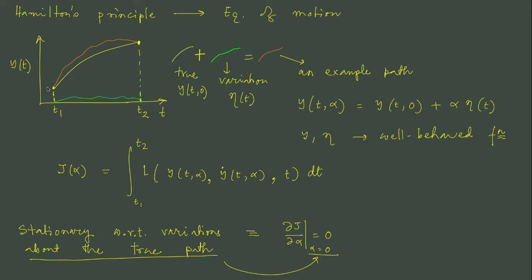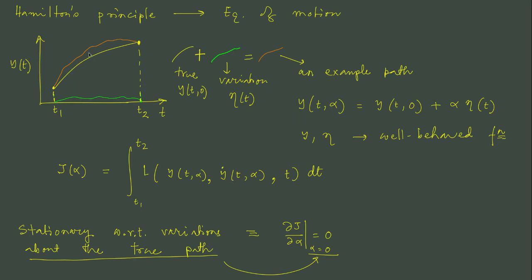And how so? Let us consider again the old picture, y as a function of t. So the motion starts at time t1 and it follows the yellow line, which is essentially our correct path. And consider this a broken line, which is a variation.